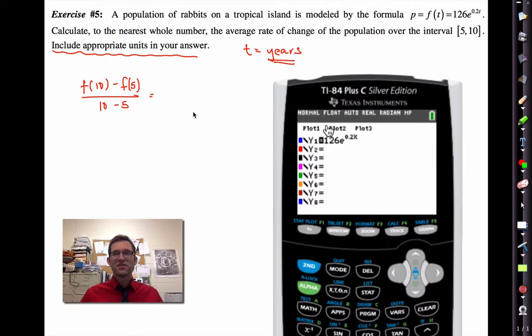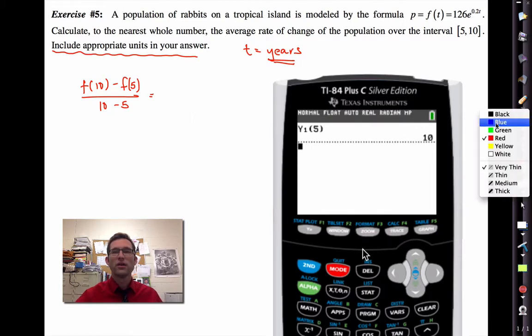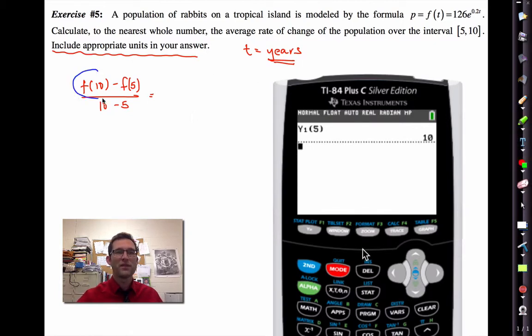So look at that. We now have my function in there, 126 times e to the 0.2x. So let me get out of here. I'm not going to graph this, I'm just going to get out. And now I'm going to do just the numerator. I'm just going to figure out what this is.